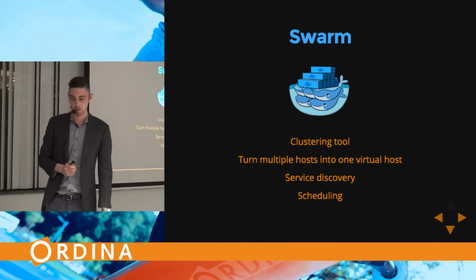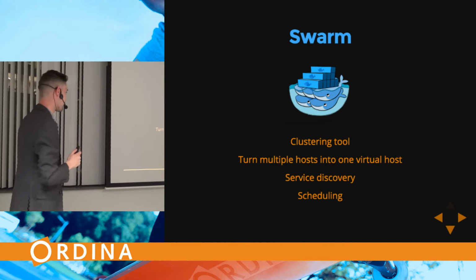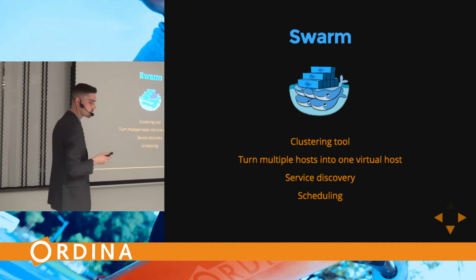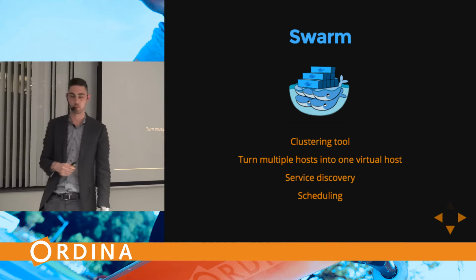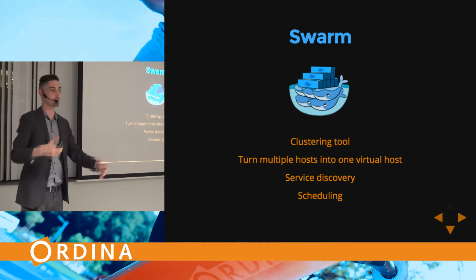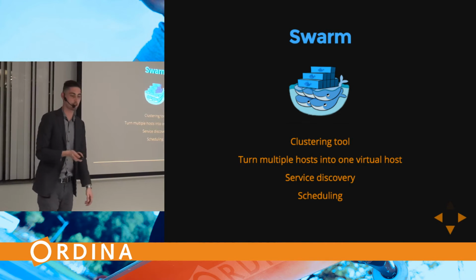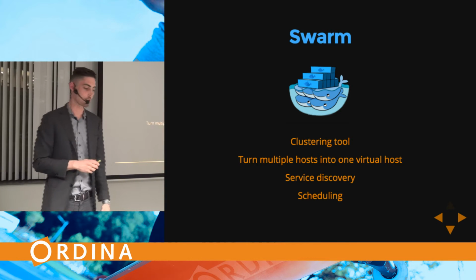So the third tool is Docker Swarm, and it's a clustering tool. Because you can create machines with Docker Machine, but they're just standalone. They can't talk to each other by default. So you need Docker Swarm to set up a cluster and be able to let them talk to each other.